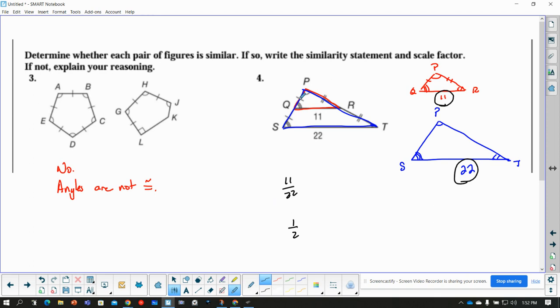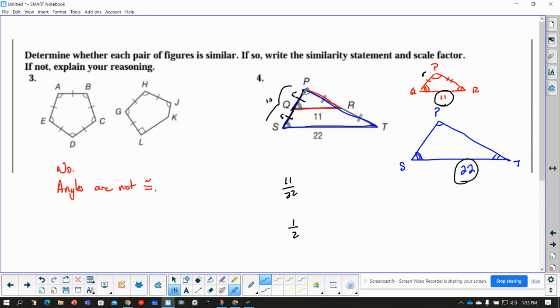Now, here's the thing. I don't know how long these two segments are, but here's what I do know. If say this one's 5, that means that this one would also be 5, making this whole one here 10. Now, I don't know it's 5, and I don't know it's 10, but the key is this one is the same as this segment, which means if this is 5, this would be 5, making the whole thing 10.